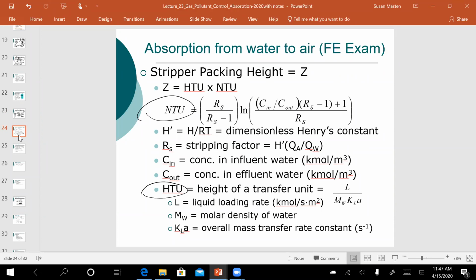The number of transfer units is a function of this stripping factor and the removal efficiency, and the height of the transfer unit is a function of our liquid loading rate and the mass transfer rate constant. So that's really a function both of the chemical you're removing and the efficiency of the unit that you're using.